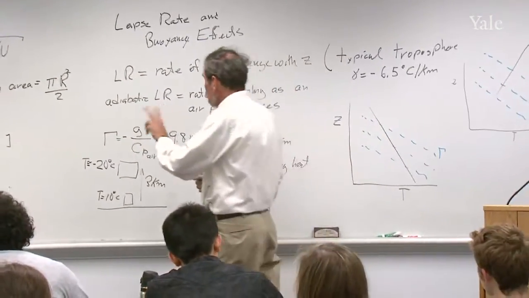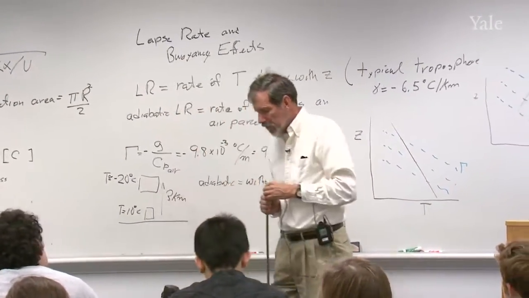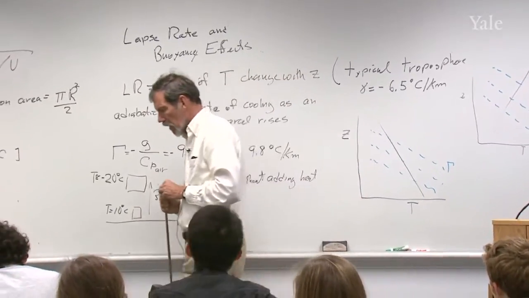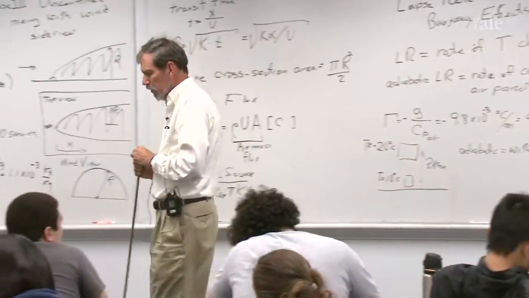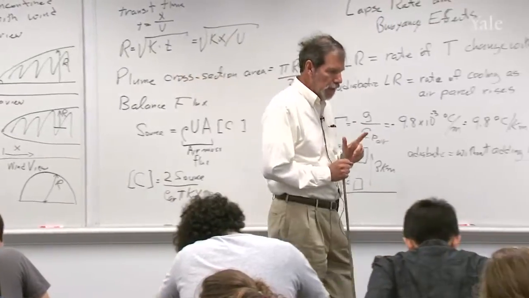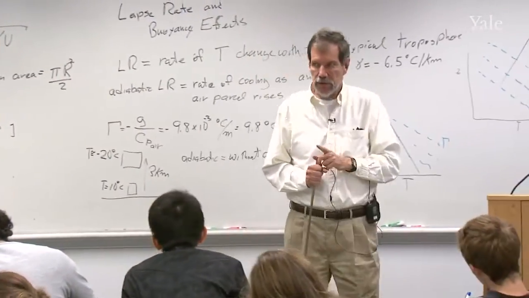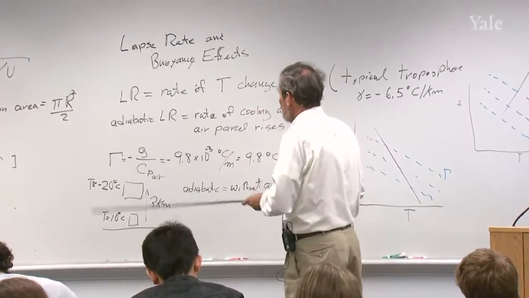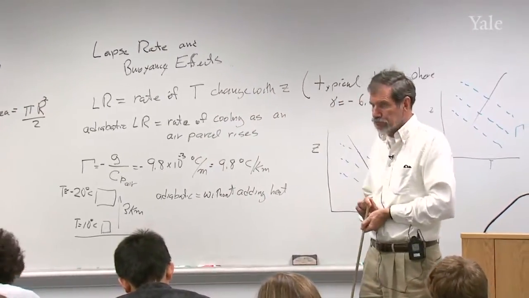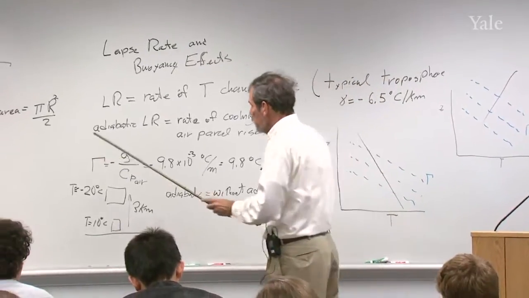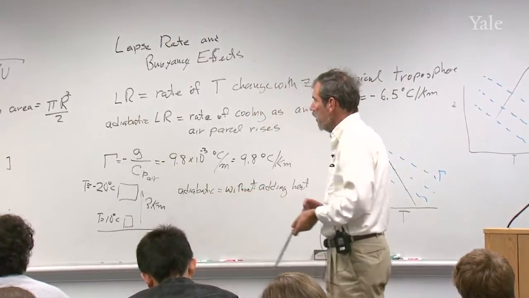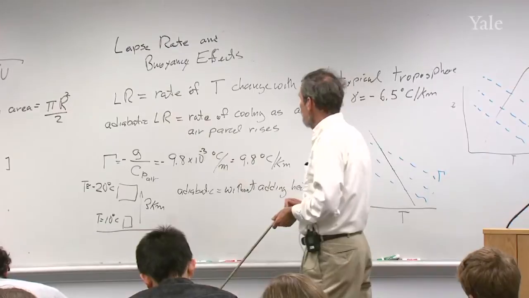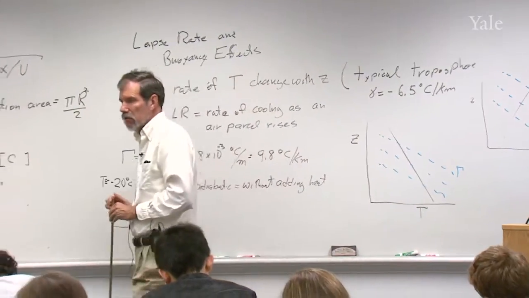Okay, now we're going to leave that there and move on to another aspect of mixing, which is very important also, and that's the role of the temperature lapse rate. I've called this section lapse rate and buoyancy effects. First of all, I want to define what I mean by the lapse rate. Lapse rate is the rate of change of temperature with height.